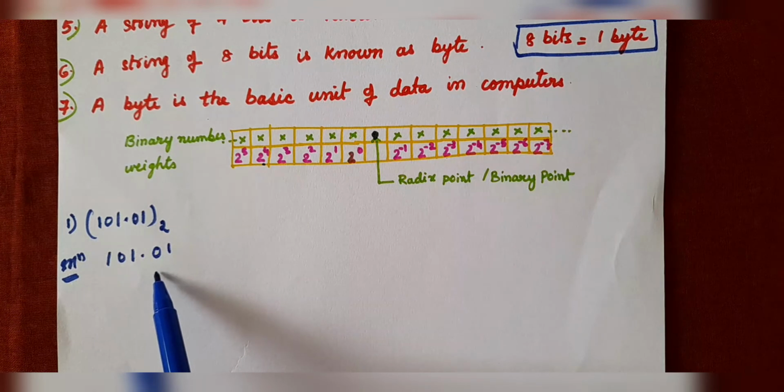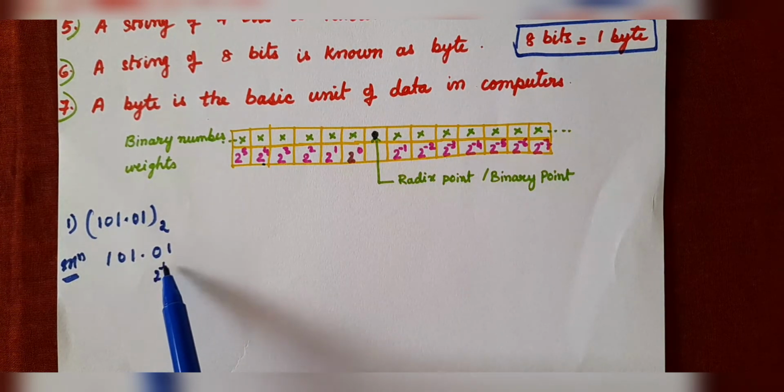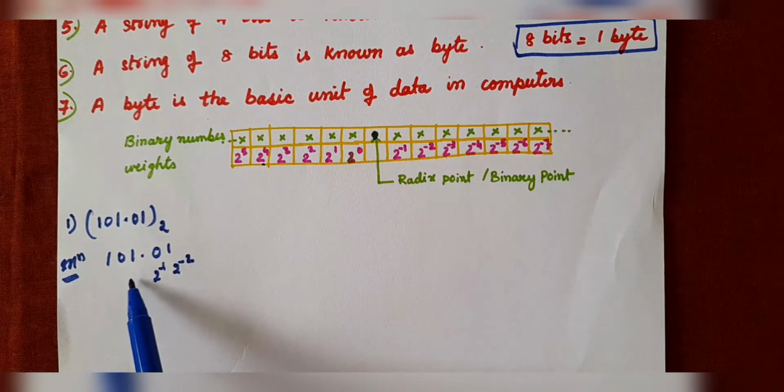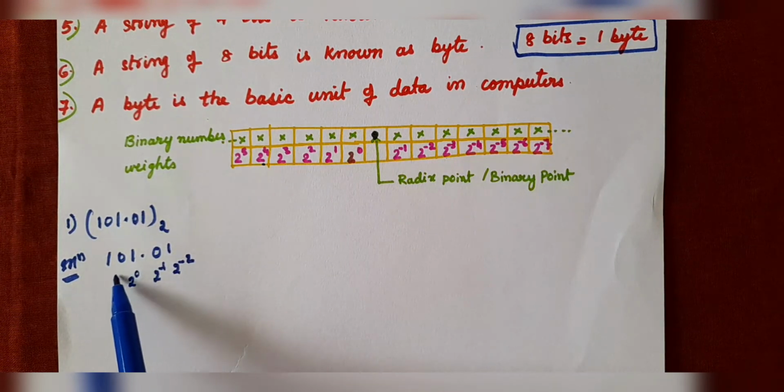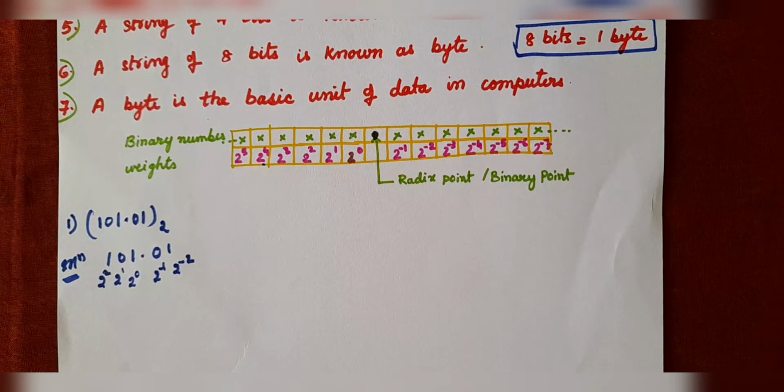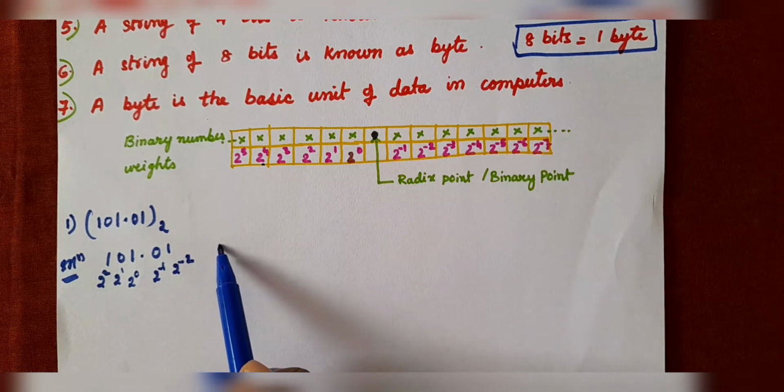Here the fractional bits are to be multiplied by 2 to the power minus 1, 2 to the power minus 2, and the integer bits are multiplied by 2 to the power 0, 2 to the power 1, 2 to the power 2. Okay, so how will you write?